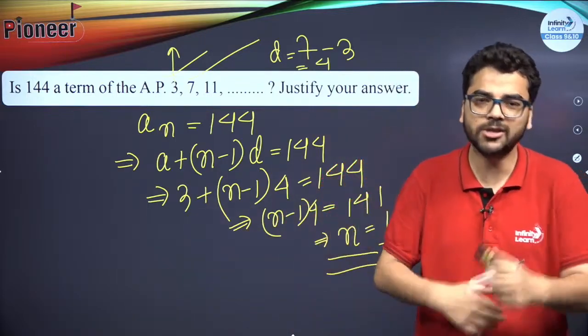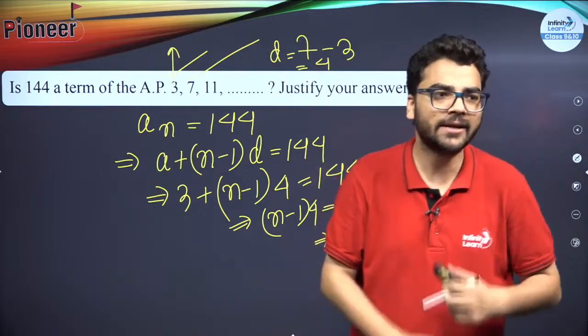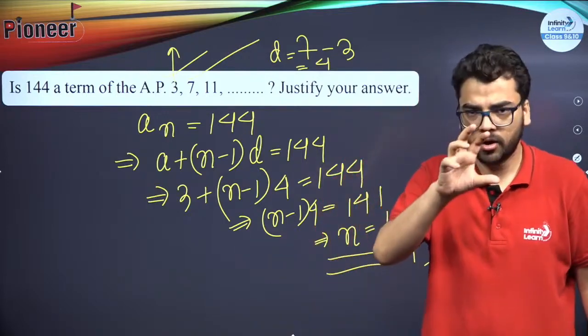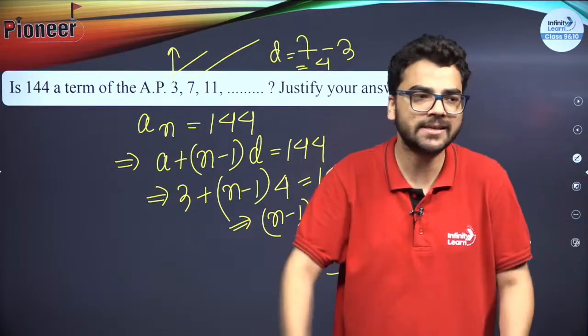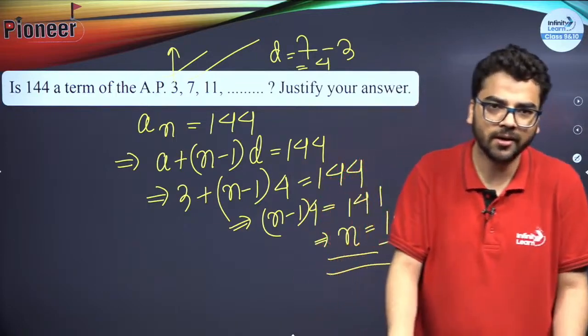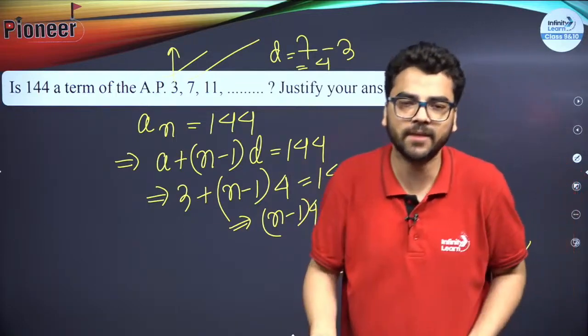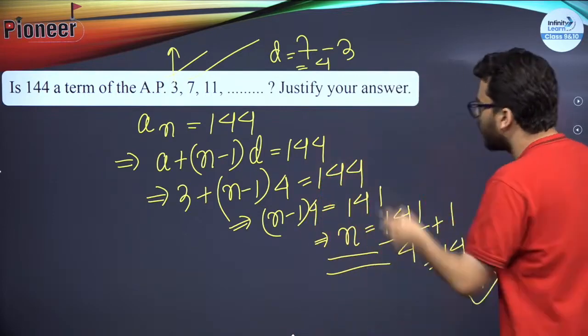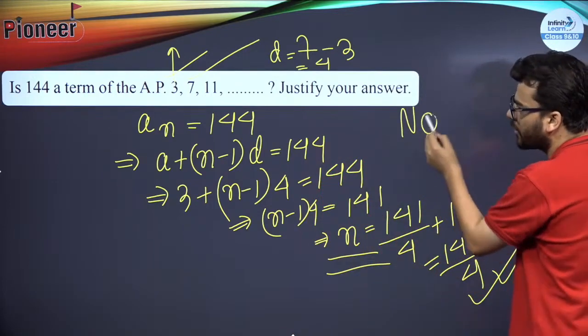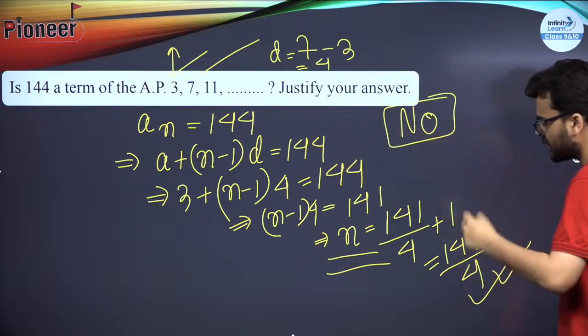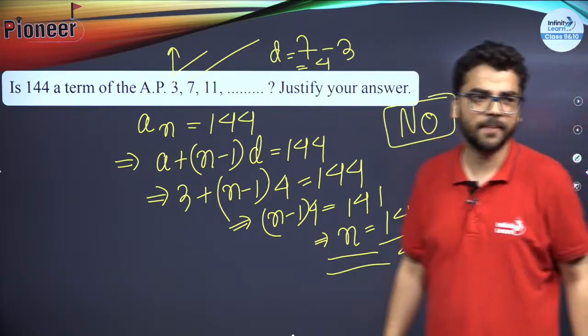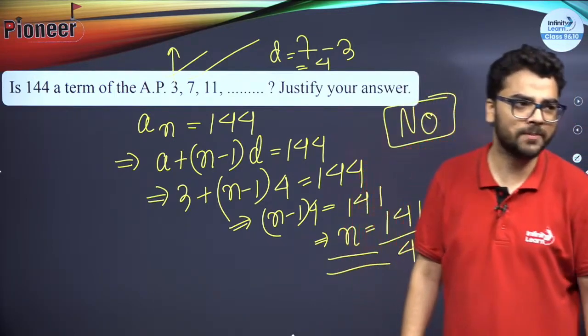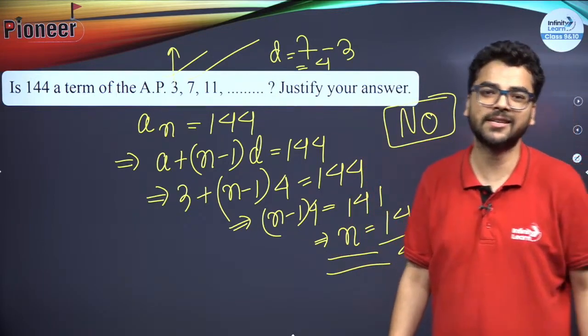You got that? Position can never be negative. It can every time be a natural number only because it is position. You got that logic? Position or count of something can never be fractional, can never be negative. So you will say that this is not possible. No, 144 cannot be the term of this AP. I hope it is clear. Answer is no. I hope this is clear to every student in this session.